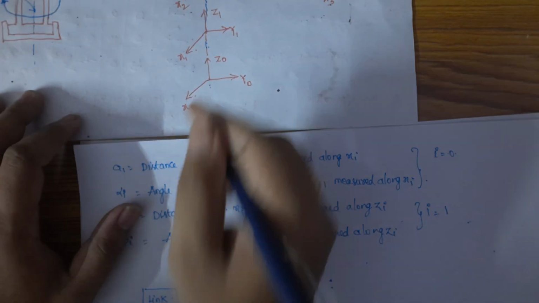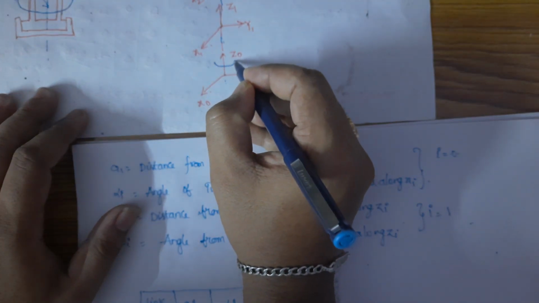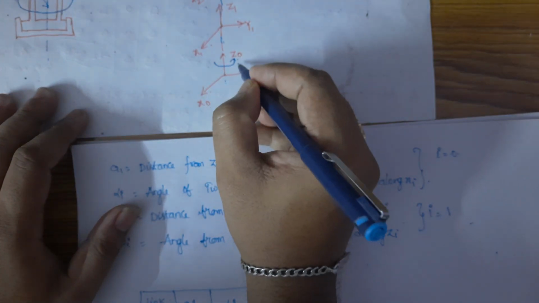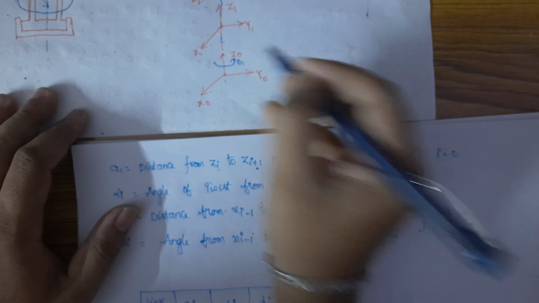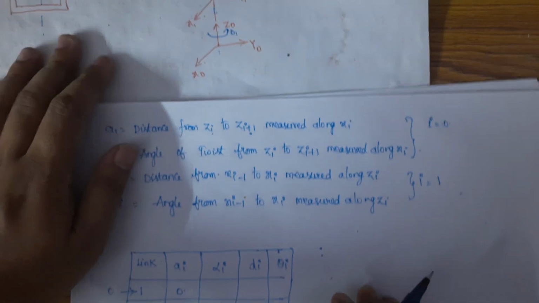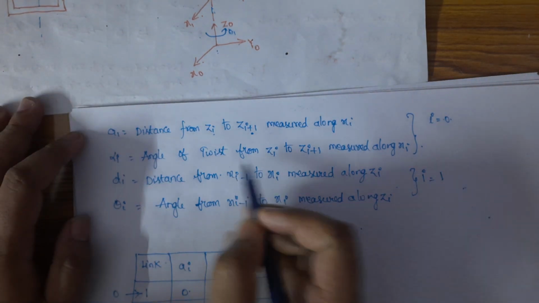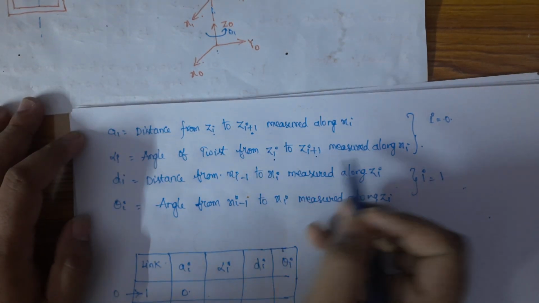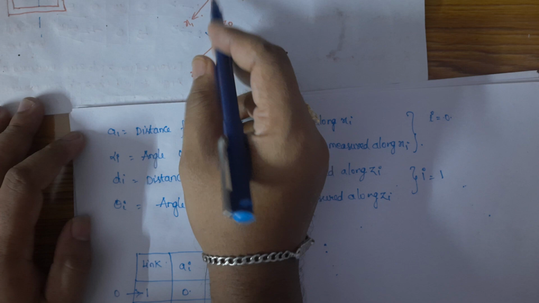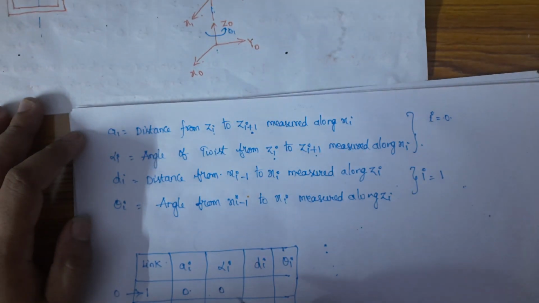Next, as in the question, it is mentioned as an angle, so that will be theta 1. Next, the angle of twist from z0 to z1 measured along the x-axis. There won't be any angle of twist, so I'm taking 0.